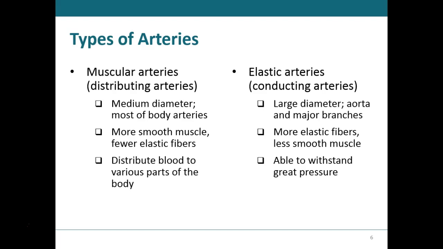Elastic arteries include the two major trunks that exit the heart, and you know already those are the aorta and the pulmonary trunk, and also the aorta's initial branches that come off at the top of the aorta, such as the brachiocephalic artery, the subclavian artery, and the carotid arteries, and also in the abdominopelvic cavity, the major branches are the iliac arteries. So all of those arteries are going to have a lot of elastic in them, so they're considered elastic arteries.